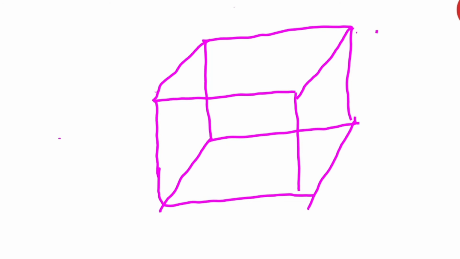Now I will arrange the spheres in the cube in 3D. Just see how I am arranging the spheres, and it will look like 3D to you. I hope you are getting my point.